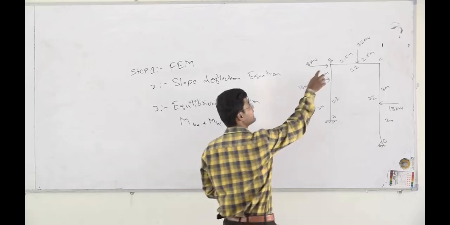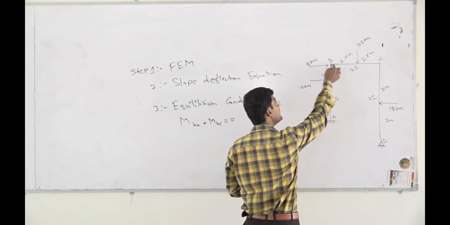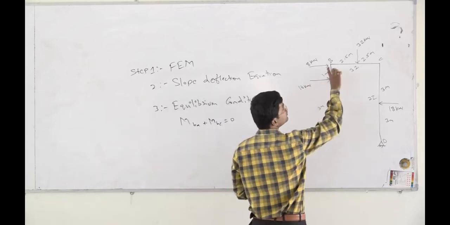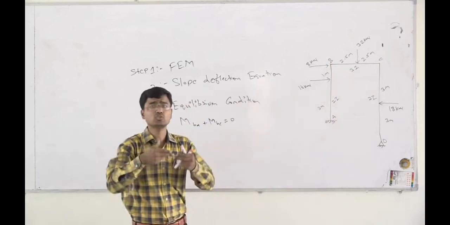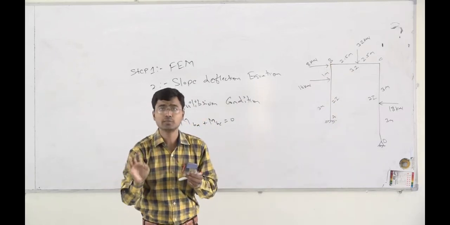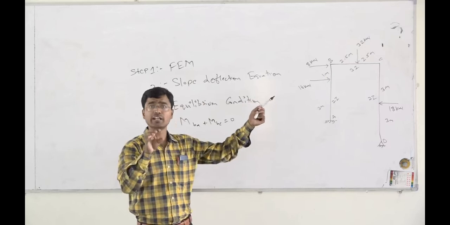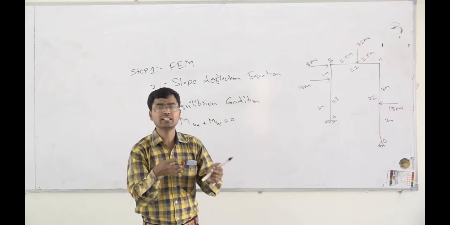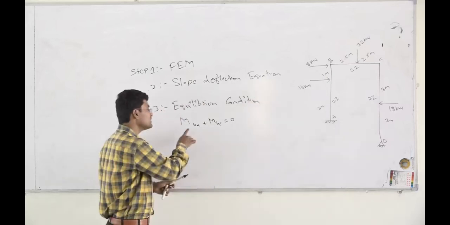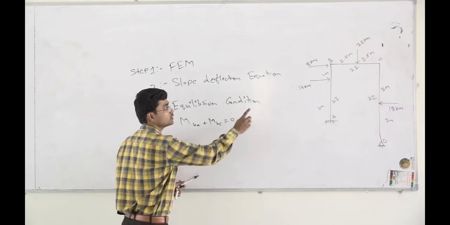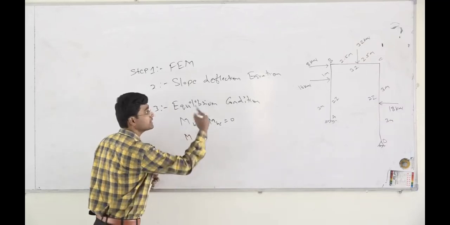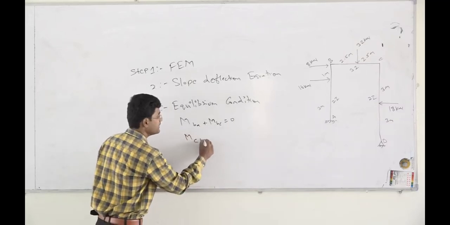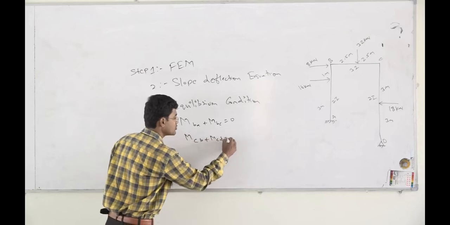Here we have a joint at B, because if you add whatever moment we have for BA and whatever moment we have for BC, then the total should be equal to 0. Then only that joint will be stable. If it is not 0, then it will not be stable. So here we did the same thing: MBA plus MBC should be equal to 0. Similarly, for the second case, MCB plus MCD should be equal to 0.